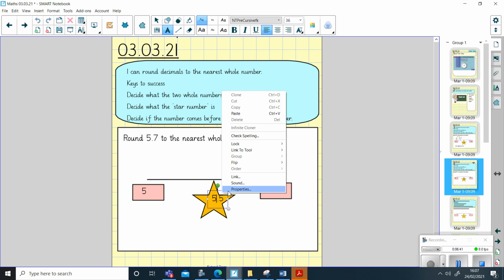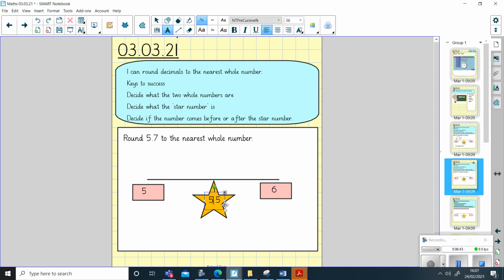Let me think. I think 5.7 is going to be about here. So 5.7 is going to round up to 6 because it comes after my star number. So 5.7 rounds up to 6. So also, because it's got 7 tenths, it rounds up to the next whole number.